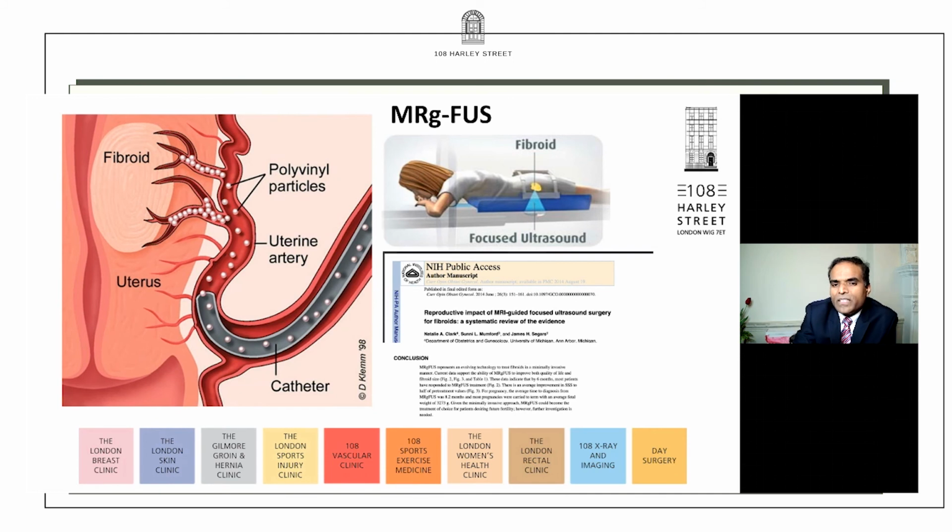But patient selection is very strict, and most patients do not fulfill the criteria. If they do have this treatment, it is much safer compared to uterine artery embolization, because it is focused and only destroys the fibroid. In other words, it doesn't affect the uterine musculature.